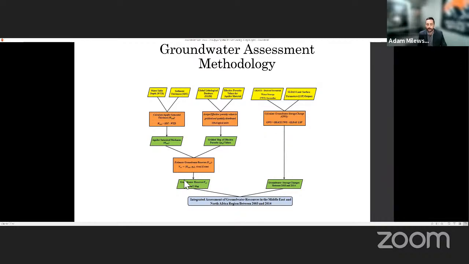But I want to know how much water is actually there. If I can combine the two, I can know not only how much is there, but how much is moving. So how do I do that? First, I take information from remote sensing or field data on the water table and/or the sediment thickness, because then I can have an idea of what we call aquifer saturated thickness. I can take the lithology to get effective porosity values.